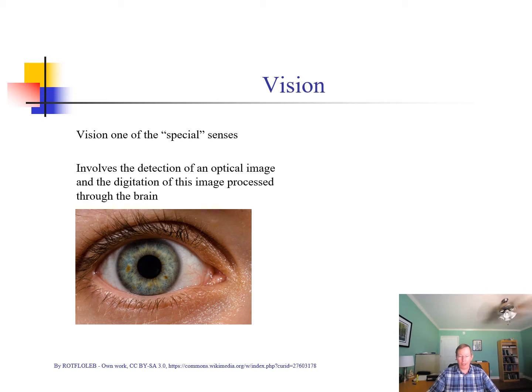And if you look at a person's eye, you'll notice several things. Certainly the eyeball or the globe is in a socket and there are lids, both an upper as well as a lower lid. And the white portion of that eye, or the sclera, is on the outside. I then have a colored portion, which is called the iris.